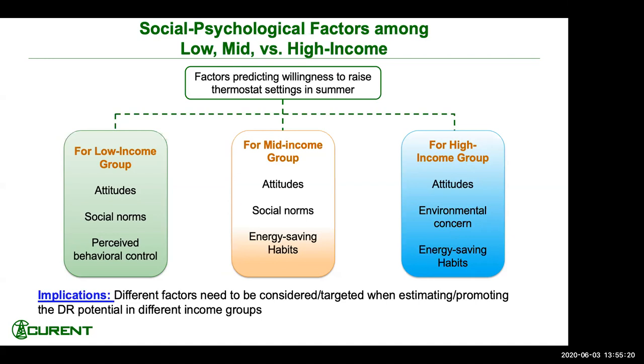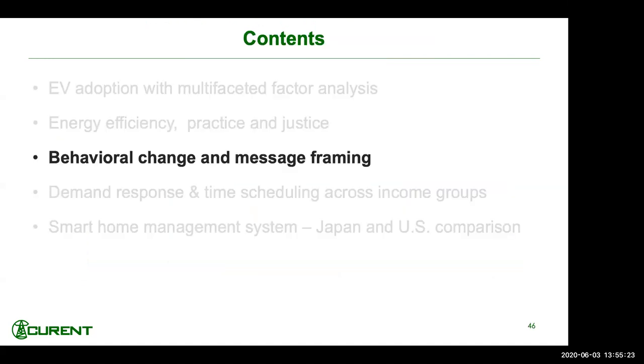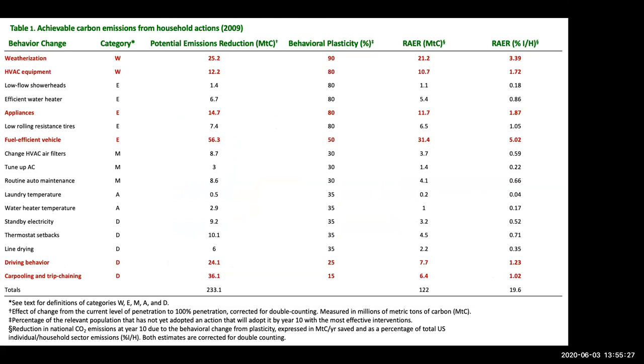All right. Next, behavior change. So how can we change behaviors? This is from 2009, a while ago. Researchers already came up with home appliance behaviors. What kind of behaviors can reduce climate change? Driving behavior, I highlighted this red one as the most important one.